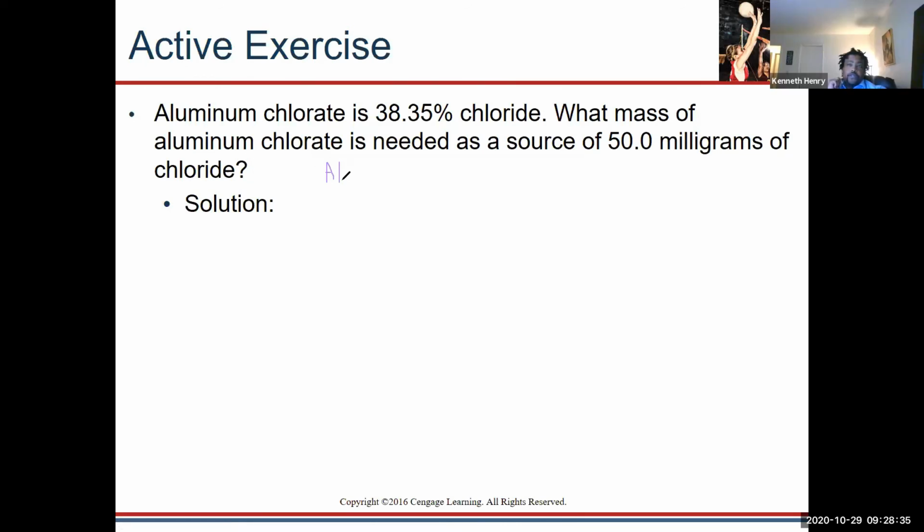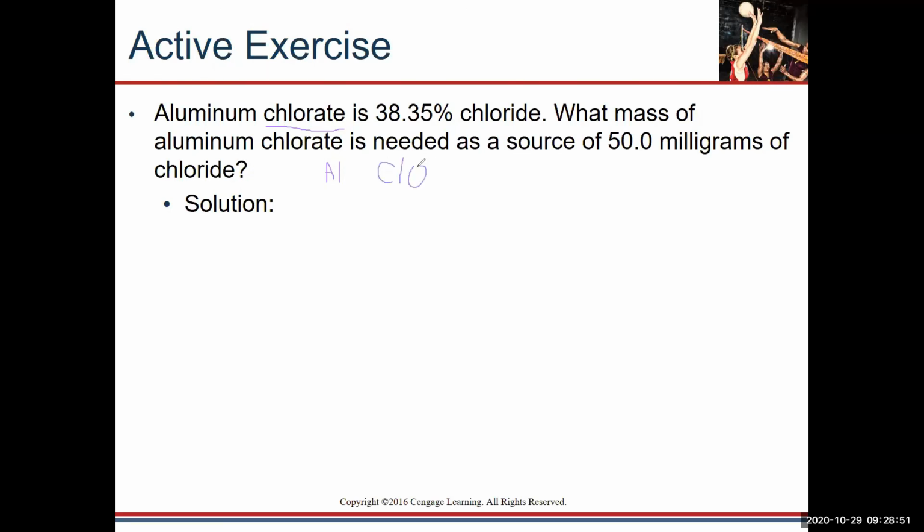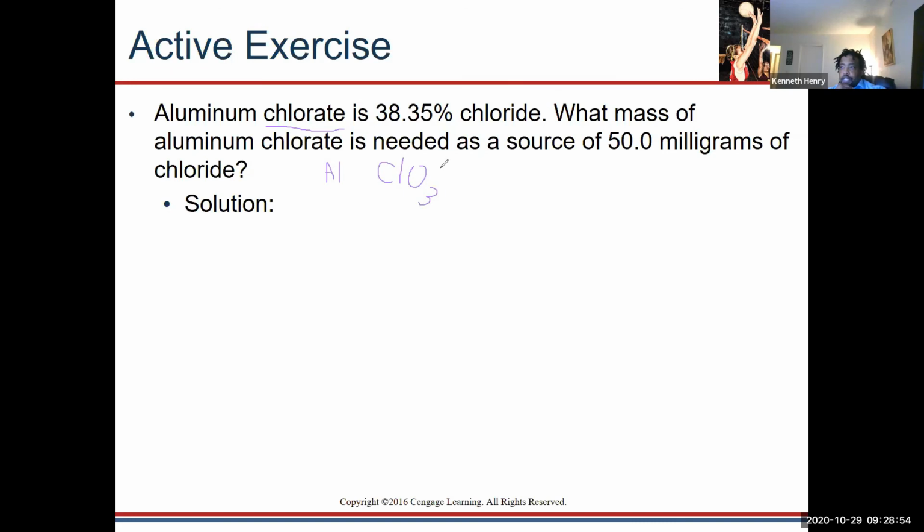Are you sure Al2? What is chlorate? Chlorate is ClO3 with the negative charge. Do they balance out? No, aluminum has a +3 charge, so you would need 3 of the chlorates. So it would be Al(ClO3)3. Yes. Do you agree with that, Azucena?